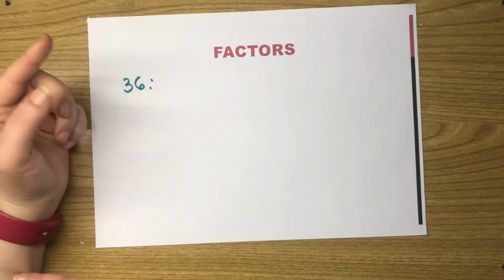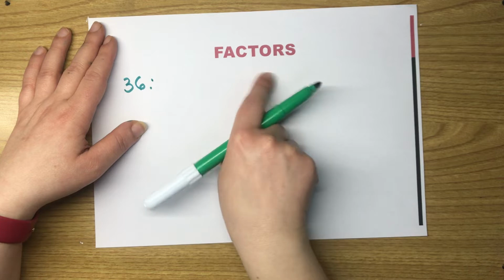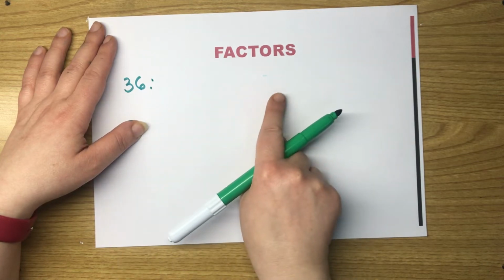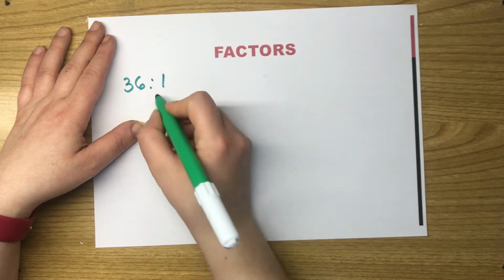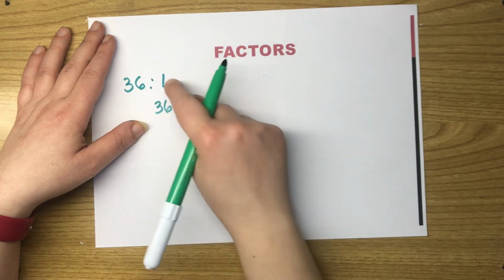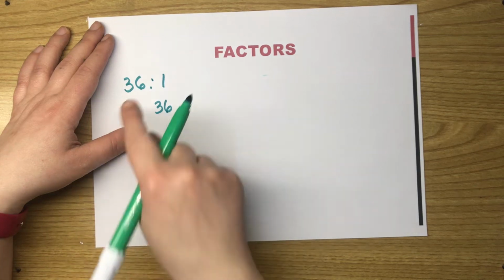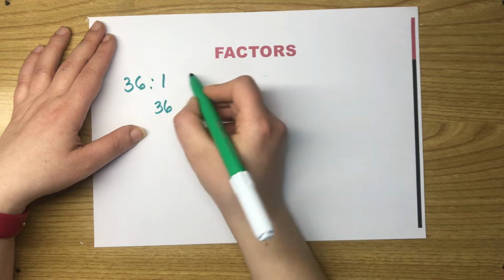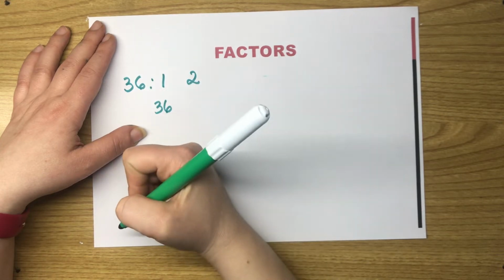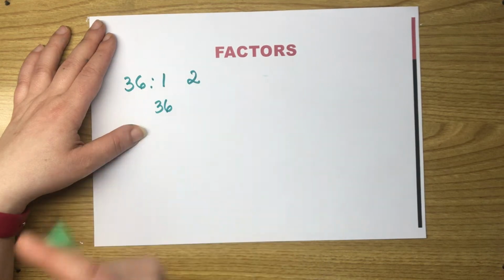The easiest one: in the first line I'm going to list the small numbers, and in the lower line I'm going to list the bigger numbers, which is 1 times 36. 1 times 36 equals 36. Correct. Because it's even, it can be divided by 2, right? 2 times what gives you 36?